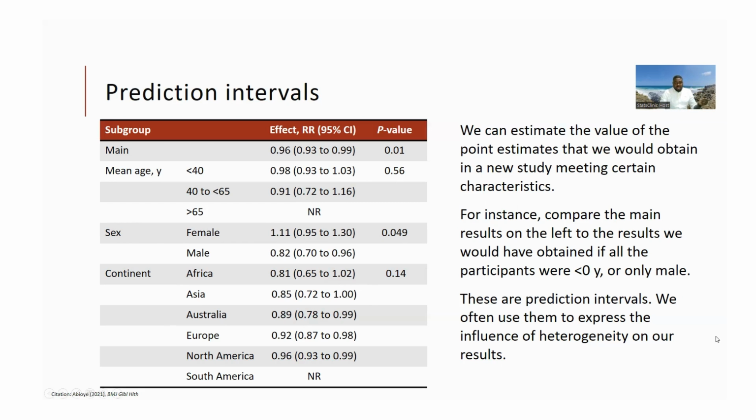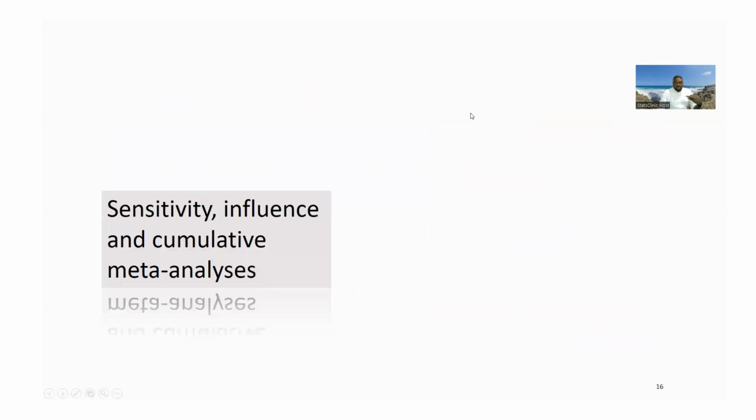So in this study, we generated both the p-values for meta regression as well as the prediction interval for each of the categories. So whether it's significant or not, we report it. So that's another way that we explore heterogeneity.